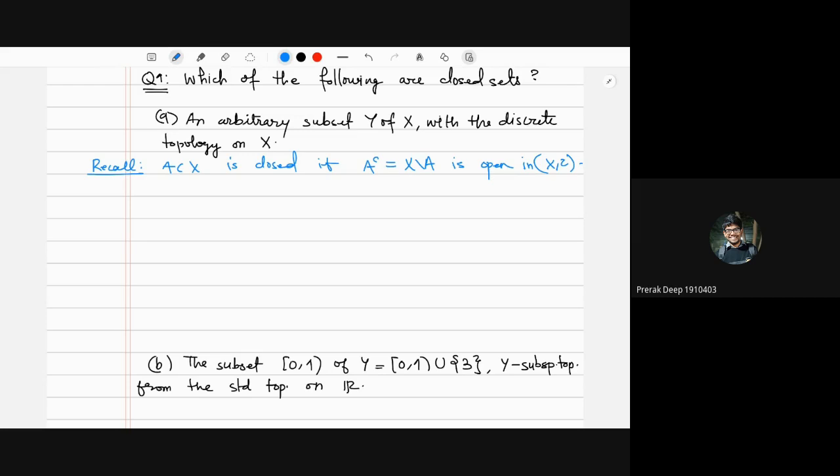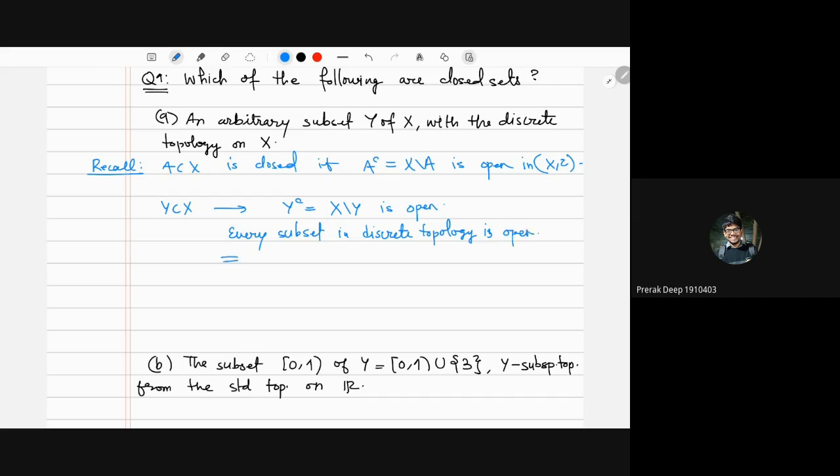So A is true, and the reason is that if we take any arbitrary subset Y of X with the discrete topology, we need to show that its complement, X minus Y, is open. But in the discrete topology every subset is open, by the definition of discrete topology.